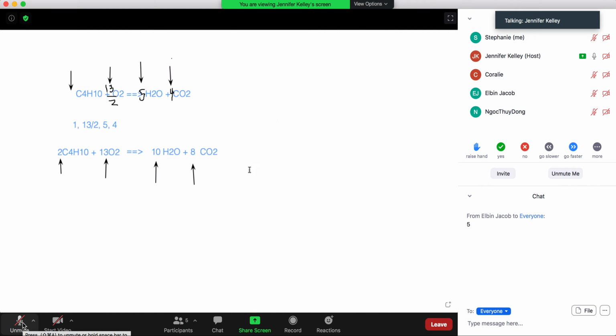For example, hang on, let me move this out of the way. Okay. I can't divide them all by 2. I could divide the 2 by 2 and the 10 and the 8, but I can't divide the 13 evenly by 2 because I would get 6.5, and that's not even. So that's what I'm looking for. I want to make sure that they're not multiples of something, and I want to make sure that they're not fractions. Does that make sense?